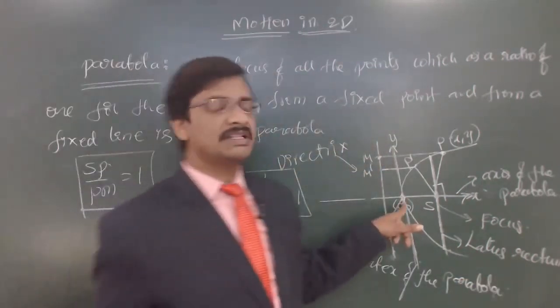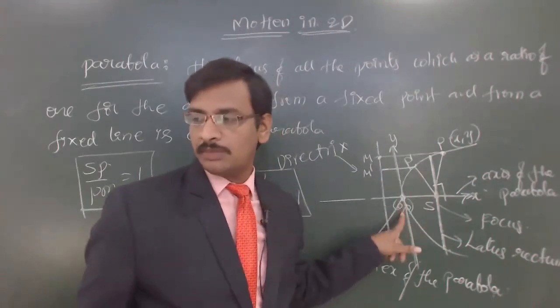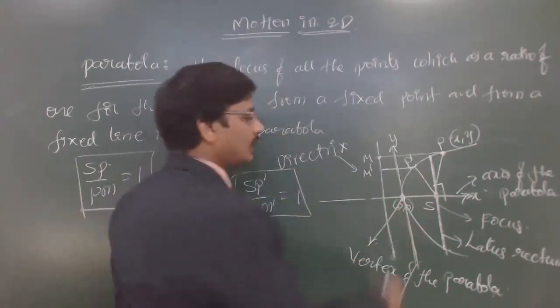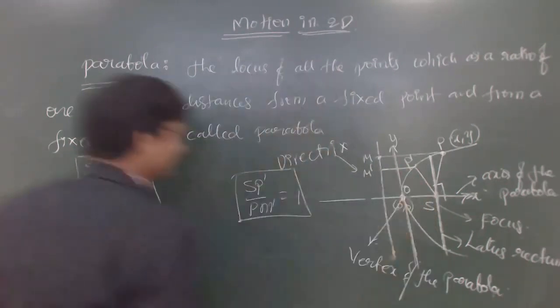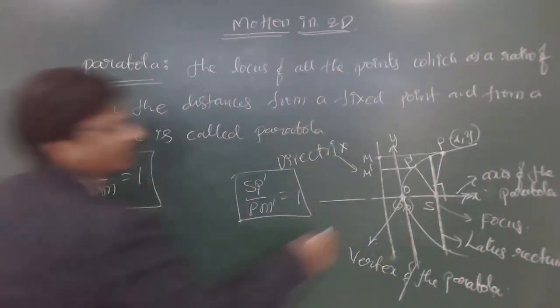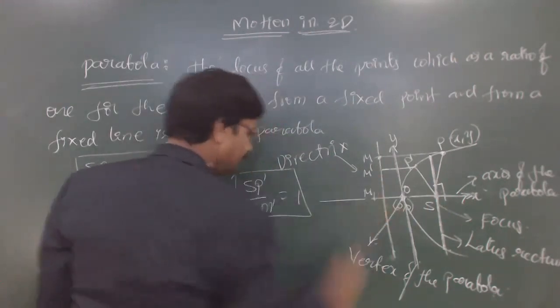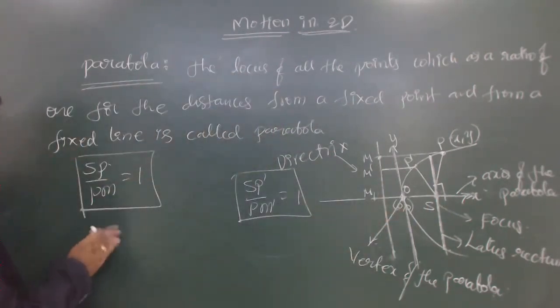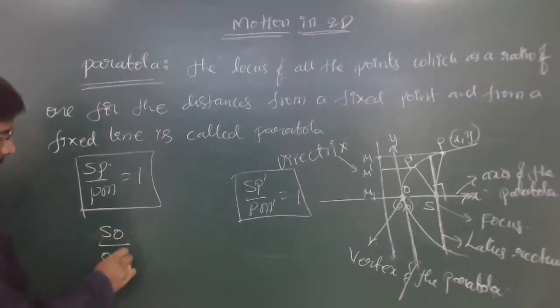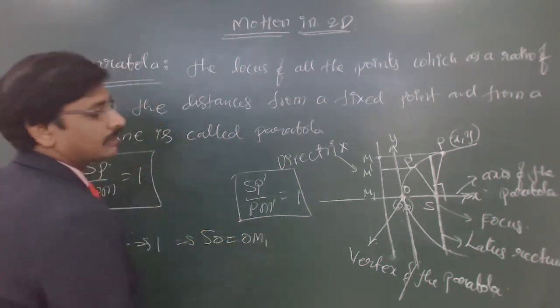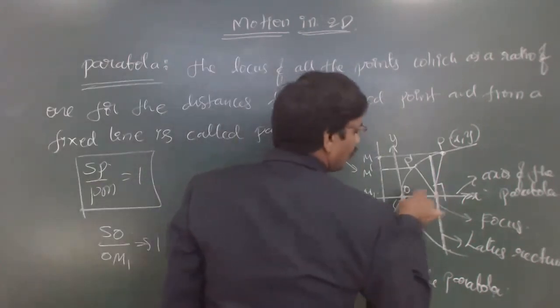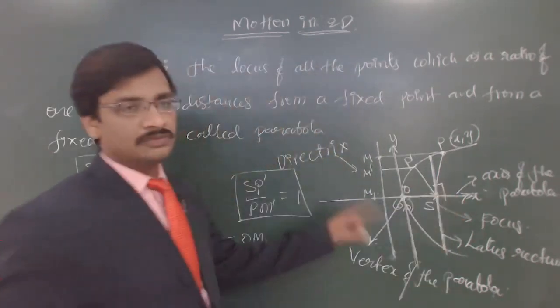So if I consider this point, which is again on the same parabola, I call this location O. Then as per the definition of the parabola, I call this M1. So SO divided by OM1 is again equal to 1, or SO equals OM1.